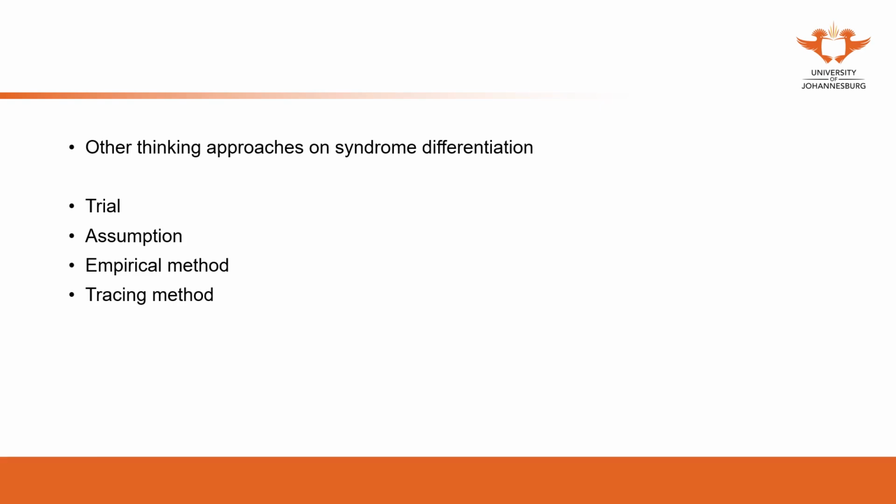If the patient is still experiencing constipation, then it is possible that it is an excess syndrome. If the patient presents with diarrhea or loose stool directly, then it is more likely to be a deficiency syndrome.